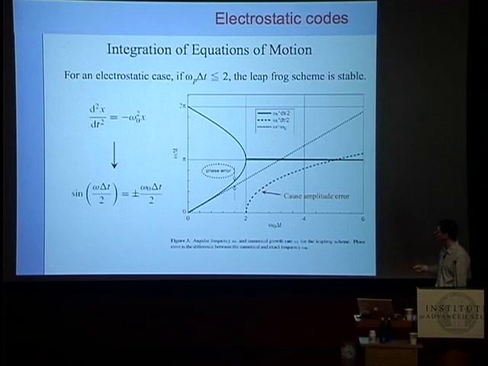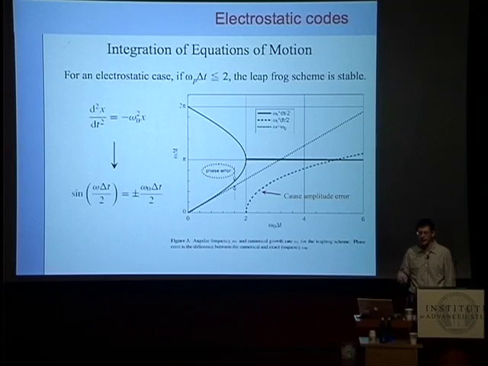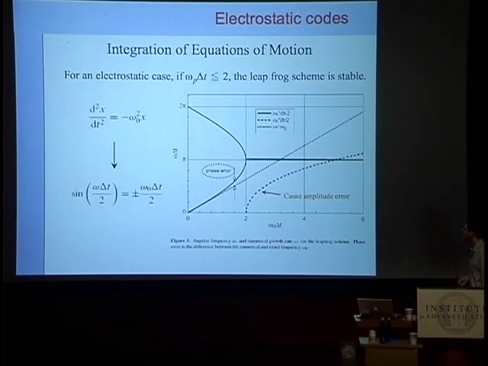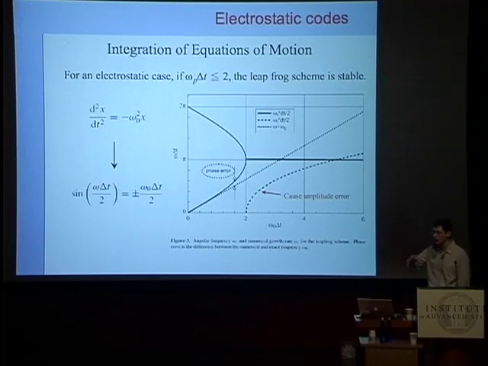And then you can ask, how does the accuracy of this harmonic solution depend on the time step that you chose? What's shown here is the frequency you actually compute versus the frequency that you should have. So you can measure the actual frequency of oscillation of a particle.